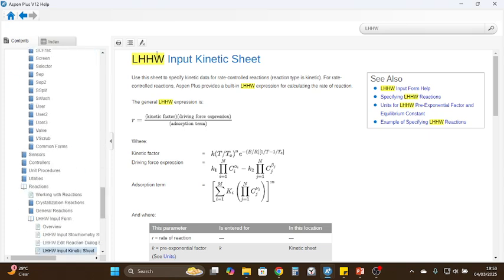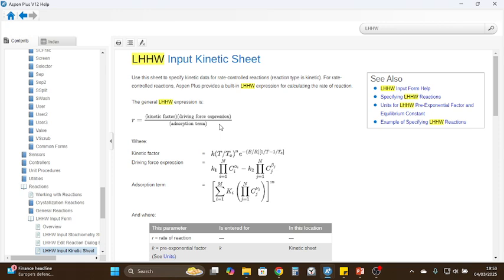Now coming to the input, this is an LHHW kinetic sheet. We are going to have different parameters that we need to fill. This is what the LHHW rate expression looks like, where R is the rate of the reaction. If you remember, I had said that LHHW kinetics is usually used when there is adsorption taking place or in catalytic reactions.